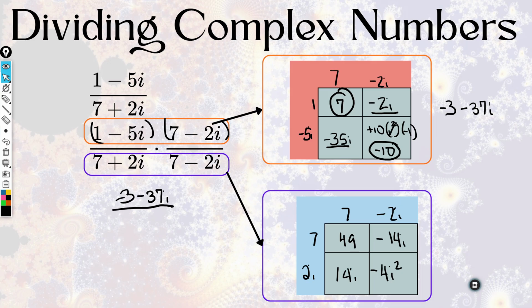And so i squared becomes negative 1. And so that becomes a positive 4. So 49 plus 4 is 53. And then when we add together our imaginary, they cancel out. So 53 is my denominator.